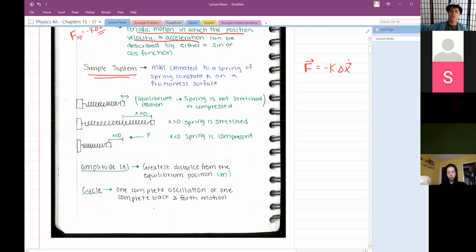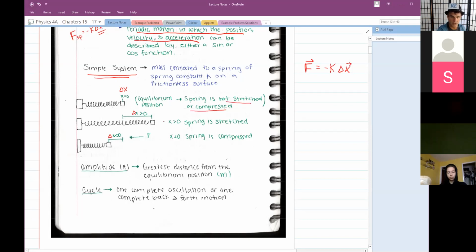As I get farther from the equilibrium position, the force pushing me back towards equilibrium gets bigger and bigger. So just as a quick review, and again, this should be delta x. Keep in mind, x equals 0 is my equilibrium position where the spring is not stretched or compressed.